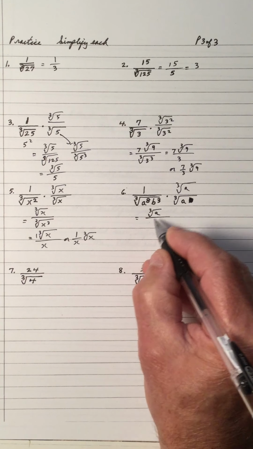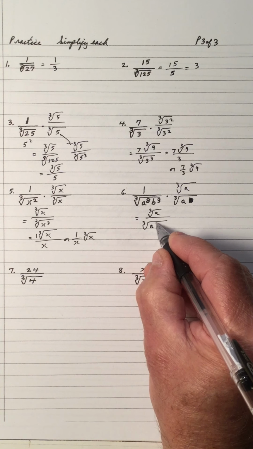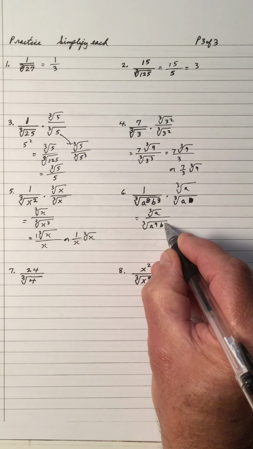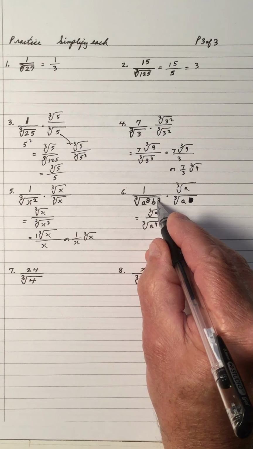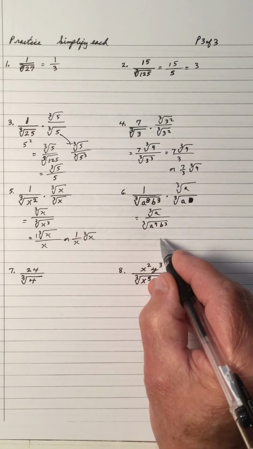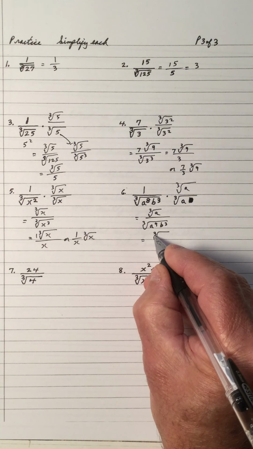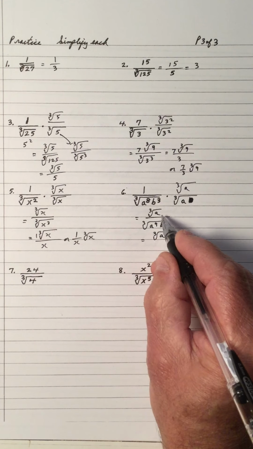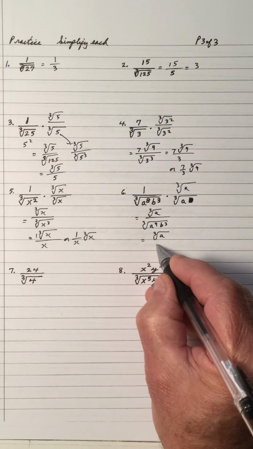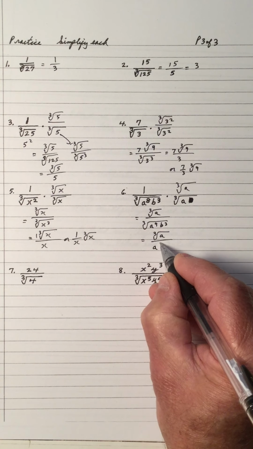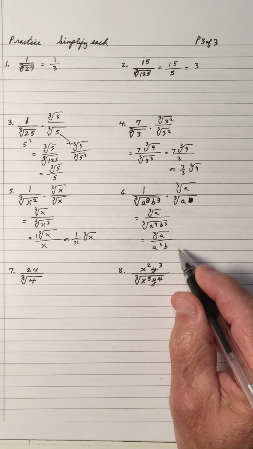The denominator becomes the cube root of a 9b cubed. That's just b. I don't need any more b's because they're already okay. The numerator is okay. So 9 divided by 3 is 3. 3 divided by 3 is 1. And there's the answer.